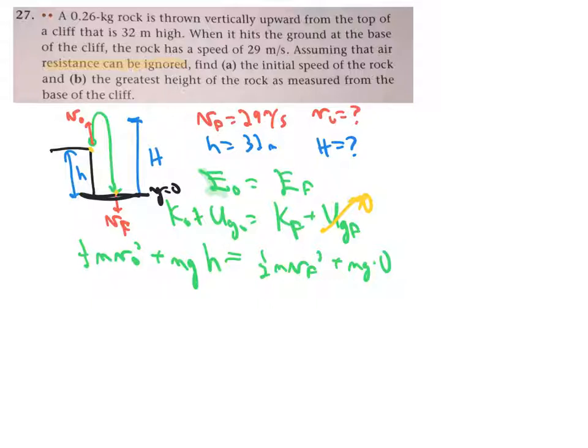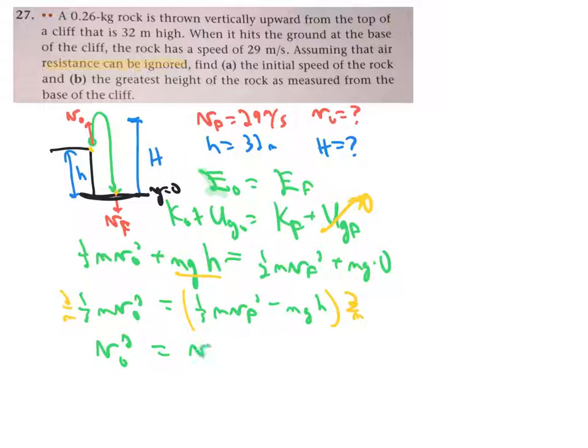So we bring the mgh to the other side, and we have 1/2 mv0 squared equals 1/2 mvf squared minus mgh. And then we multiply by 2 over m so as to clear that out and have v0 squared. But to do that, we have to multiply the whole other side by 2 over m, and that gives us vf squared minus 2gh.